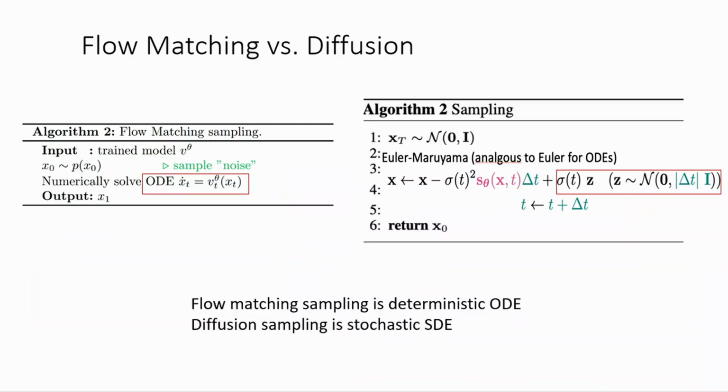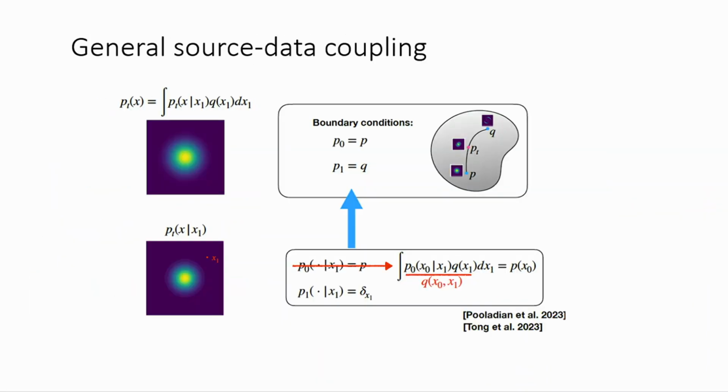So in terms of the more general source coupling, if we look at the conditional probability paths, what we're sampling here is an initial sample, which previously we defined as something irrelevant to x1. It's completely noise, and the target point is the delta distribution. But effectively, we can always treat this P of 0 as a marginalization of the conditional probability times the distribution of x1.